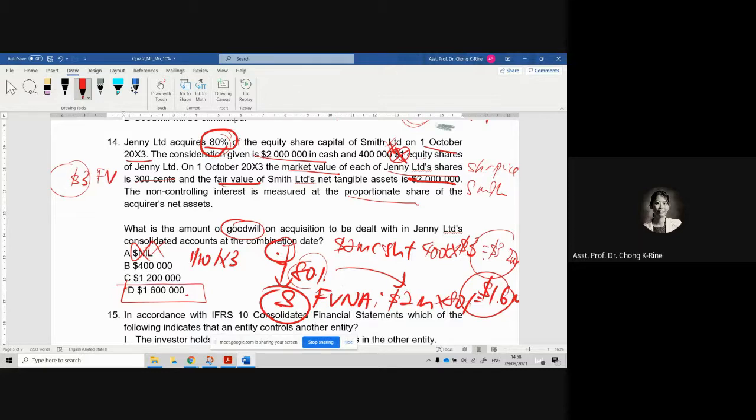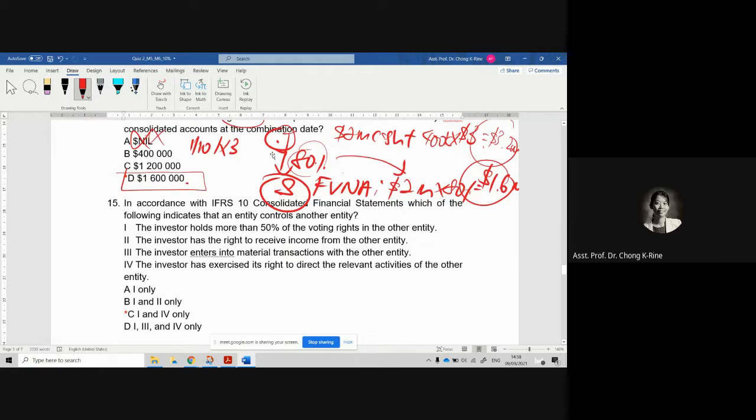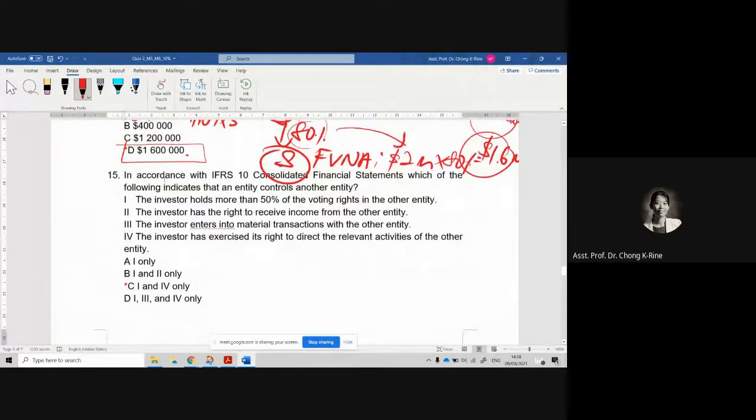Okay, so let's look at question number 15. This one I think is quite easy, right? So we're looking at control. Control is defined in IFRS 10. There are three keywords, three statements about the definition of control. So our answer is 1 and 4. Basically, this is one of the keywords: there is a right, and then it will lead to a variable return, and then we are able to exercise our right to direct and get the variable return.